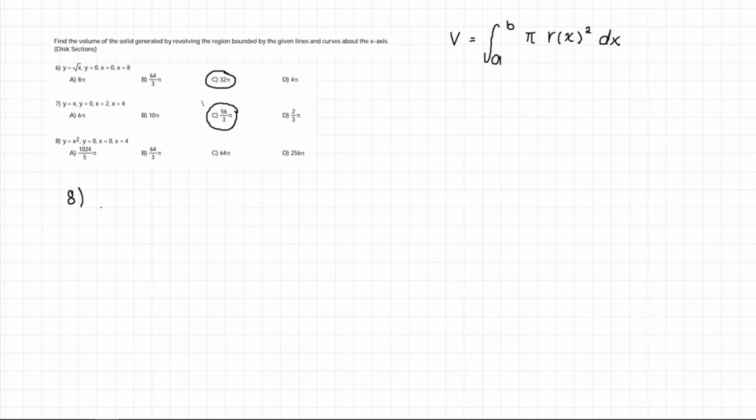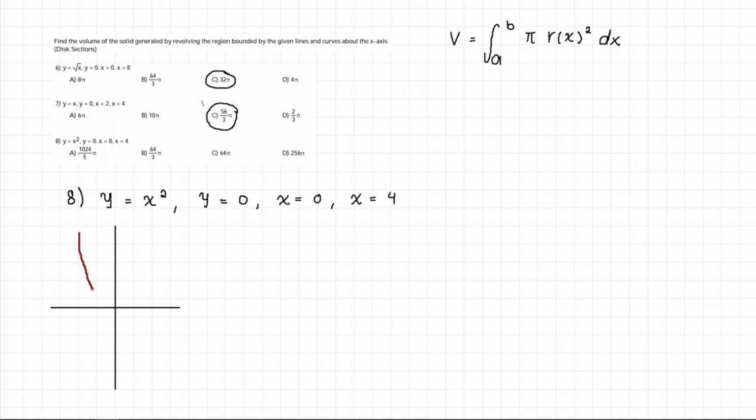Okay. For problem 8, we have y equals x squared, we have y equals 0, and we also have x equals 0 and x equals 4. Now once again, let me draw my Cartesian plane. It doesn't have to be perfect. Now I will start drawing my lines.